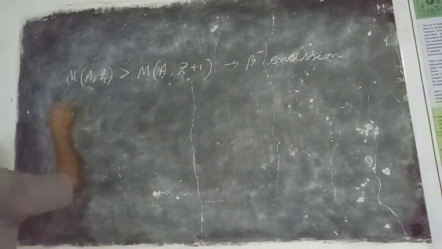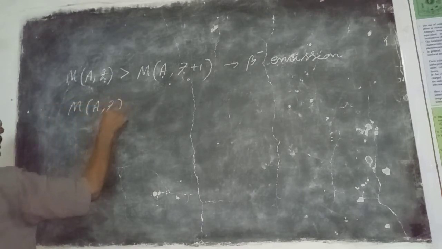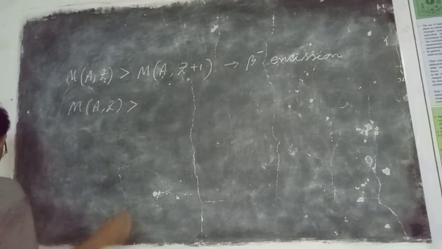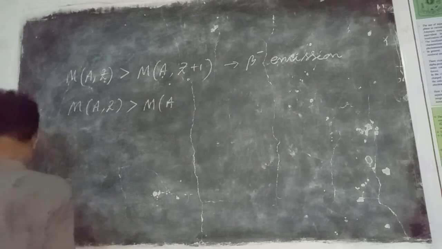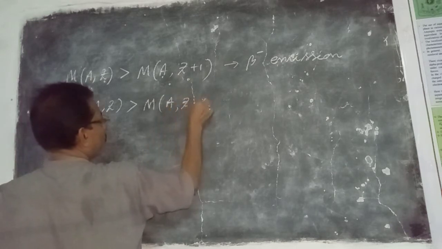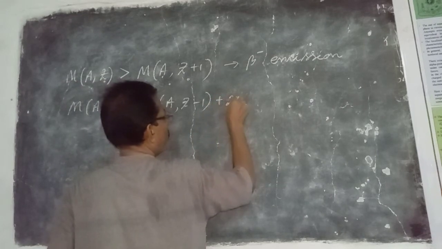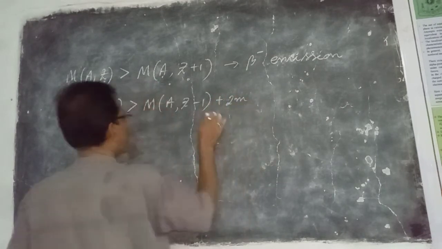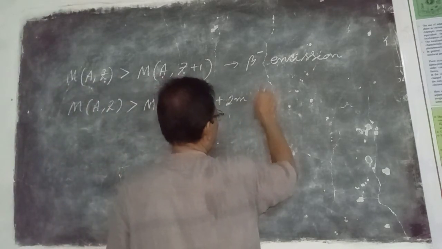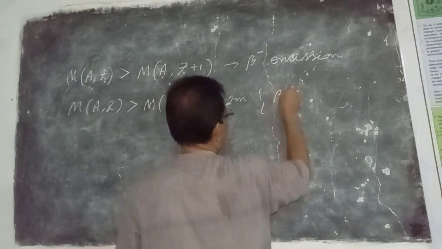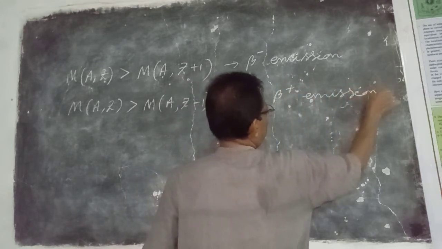And if the mass of this nucleus is greater than the mass of A, Z minus 1 plus 2 times the mass of the electron, then you get positron emission.